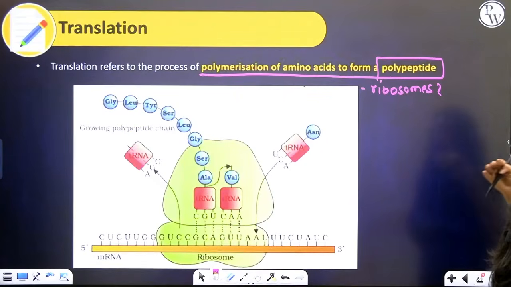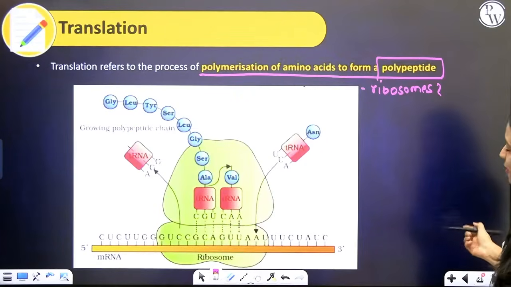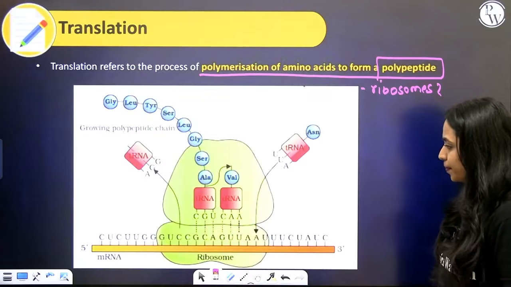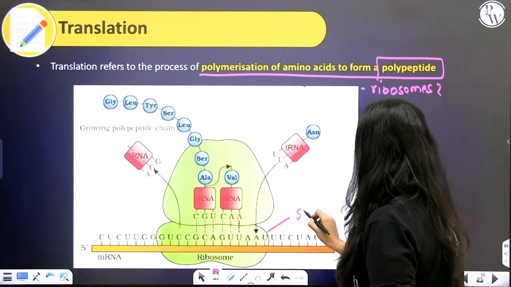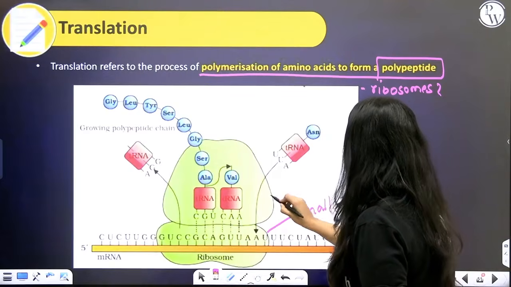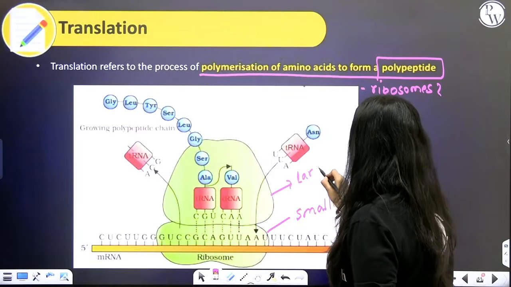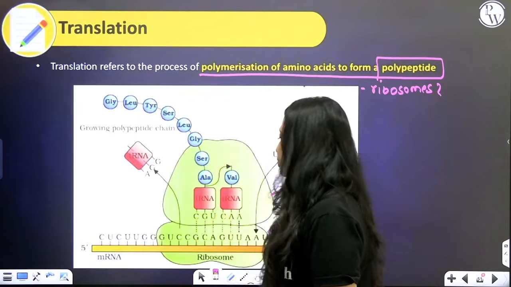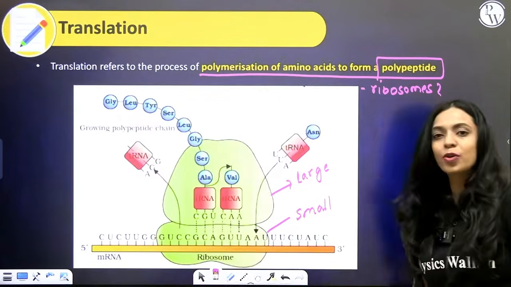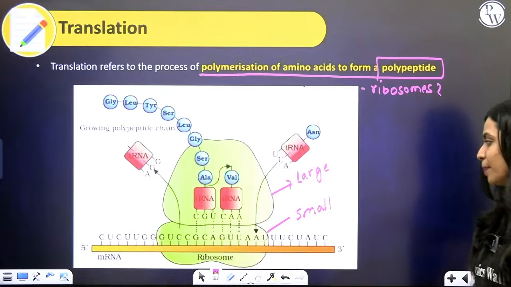For initiation of translation, what happens is you have the mRNA. This mRNA first binds to the small subunit of the ribosome. You have two subunits in the ribosome, small and large, right? So at the start codon, at the 5' end, the small subunit will bind to the mRNA.